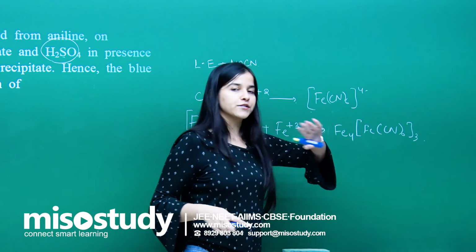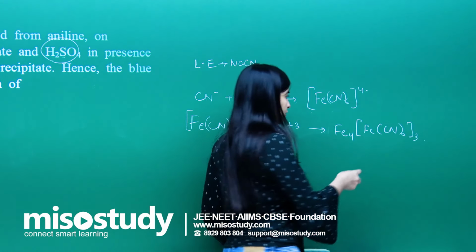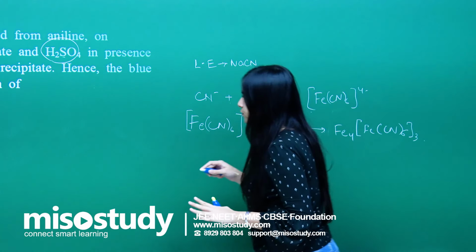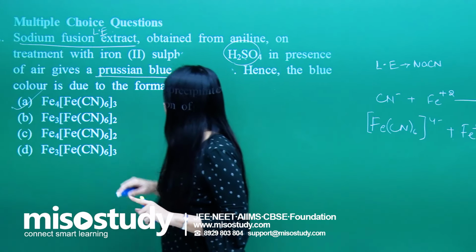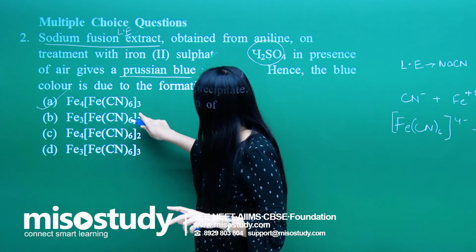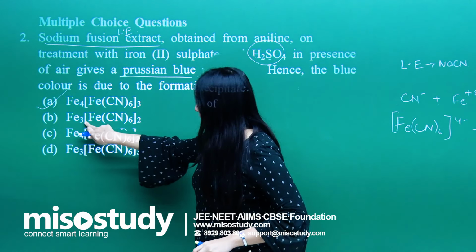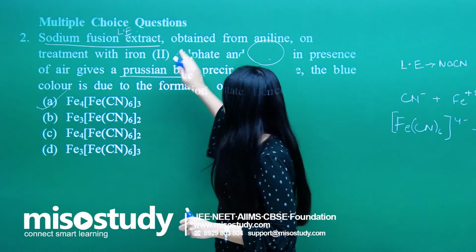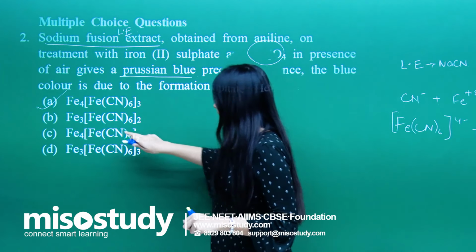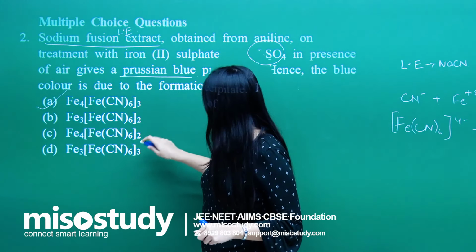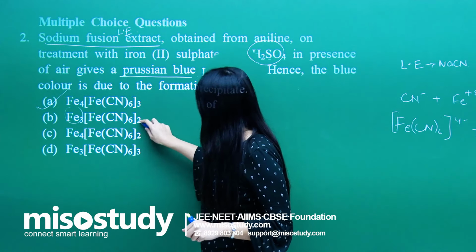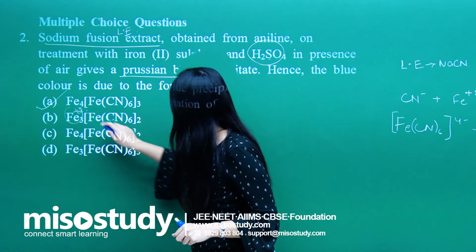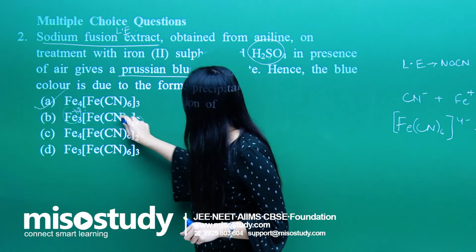And we need to look for this particular option. If you look for this particular option, I will be getting only one as my answer, that is A. If you go by the other options, let us just check because this is a multiple choice question. If this is Fe3+, that means this will be ferrous because the counter ion is 2.